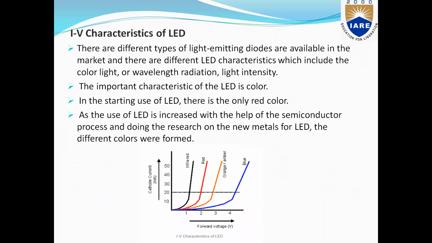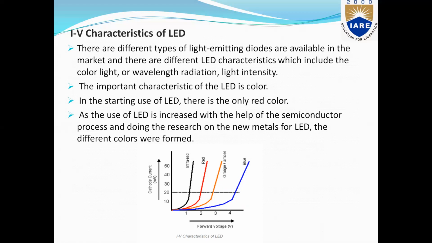Now we will see the IV characteristics of LED. There are different types of LEDs available in the market, and there are different LED characteristics, which include the color of light or wavelength of radiated light. The important characteristic of LED is color.